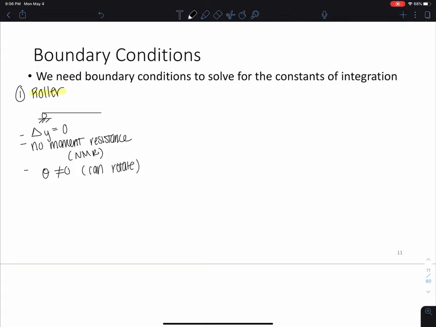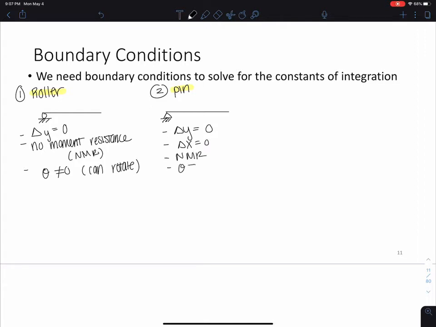Okay, now number 2, we have the pin support. Typically, a pin is drawn as a triangle. We know that delta Y is 0. We can't have a delta X either. We have no moment resistance, NMR.